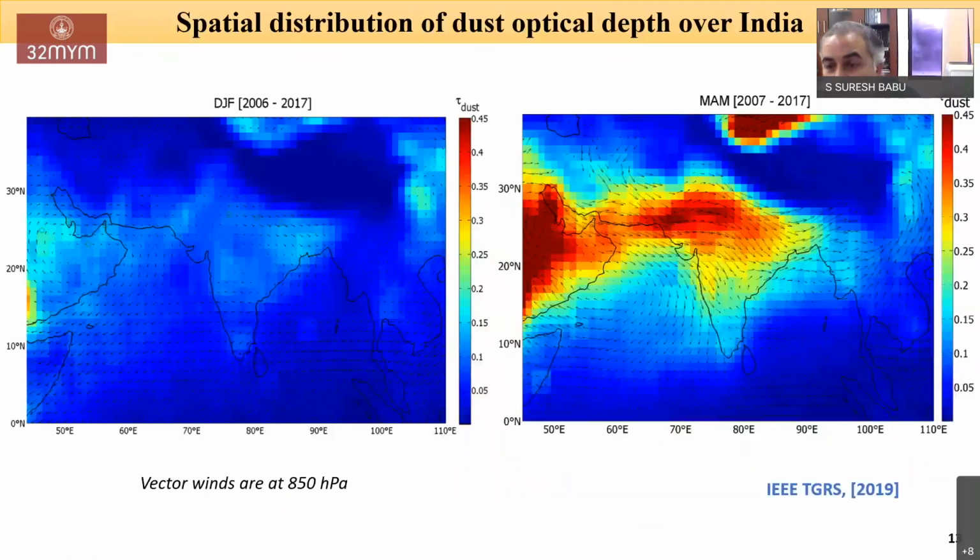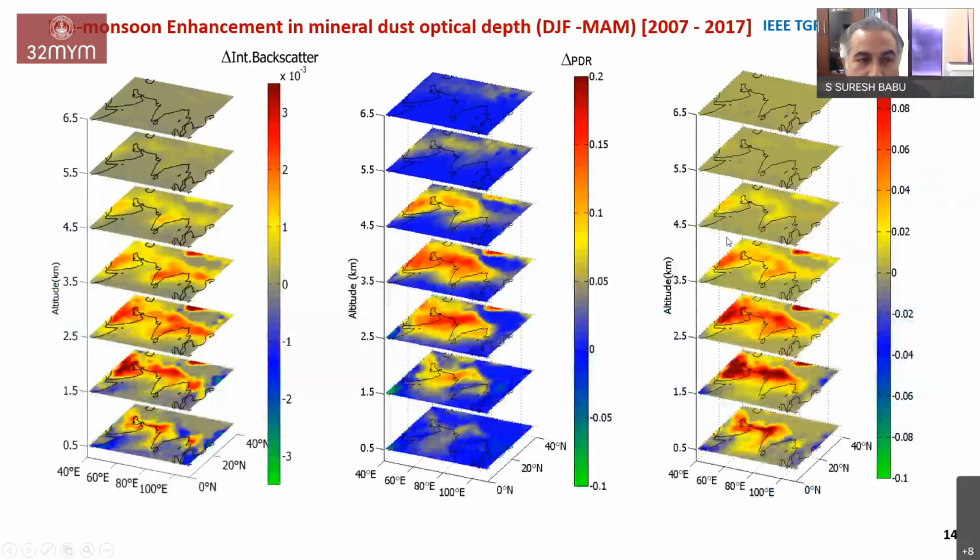This LiDAR has polarization capability, so I could derive the dust optical depth. During winter, we can see that the dust influx from the West Asian region is almost negligible. But during the springtime, a significant amount of dust is getting transported. In the three-dimensional distribution of dust, the left graph is the integrated backscatter and the rightmost graph shows the dust optical depth.